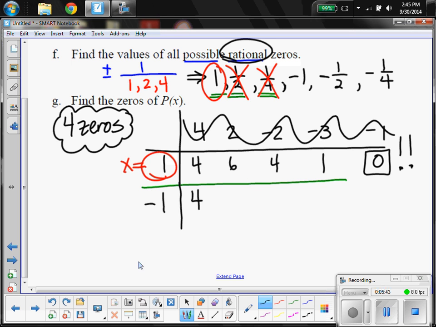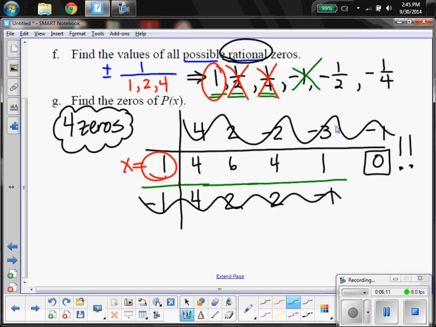Bringing down the 4, 4 times negative 1 is negative 4, plus 6 is 2. 2 times negative 1 is negative 2. Negative 2 plus 4 is 2. 2 times negative 1 is negative 2. Plus 1 is not 0. It's negative 1. So negative 1 is not a 0 of this function.